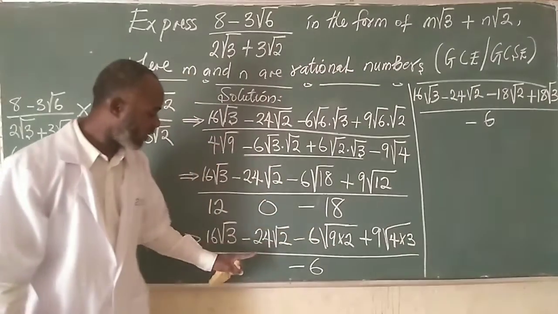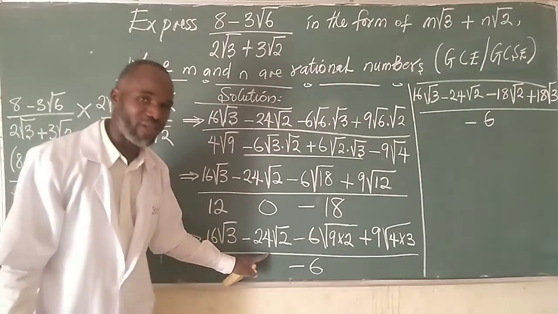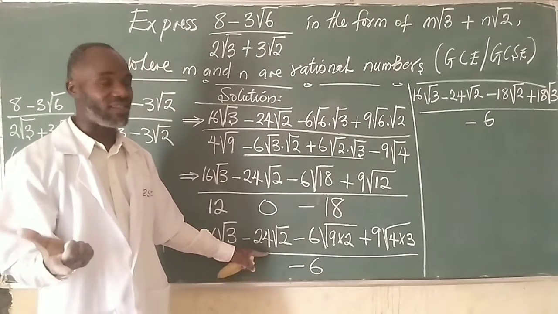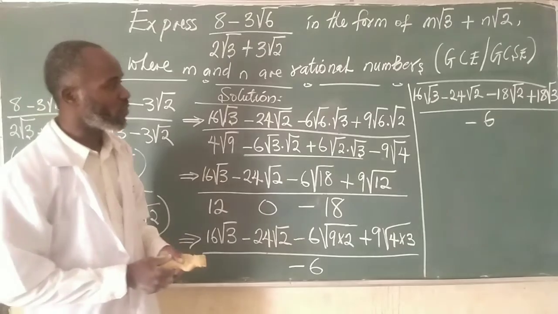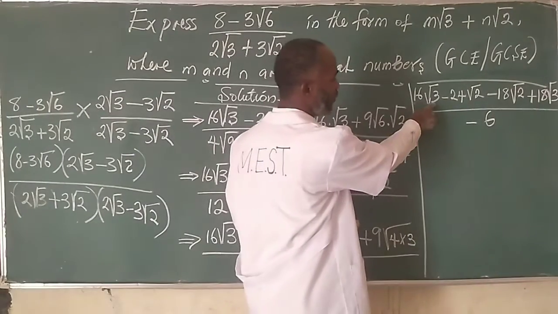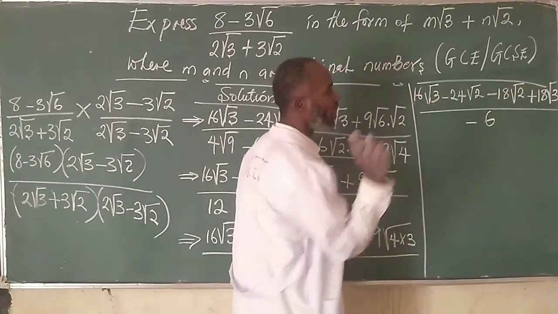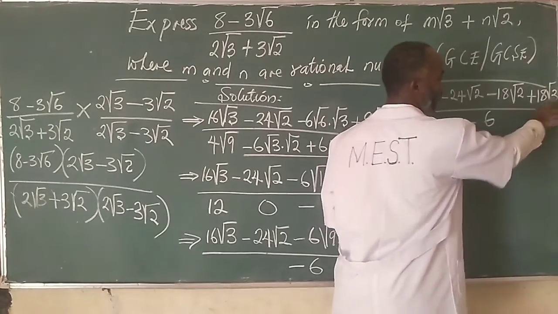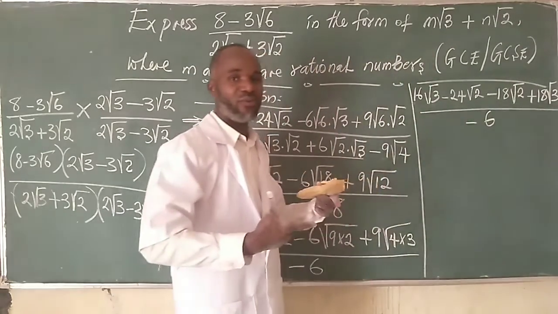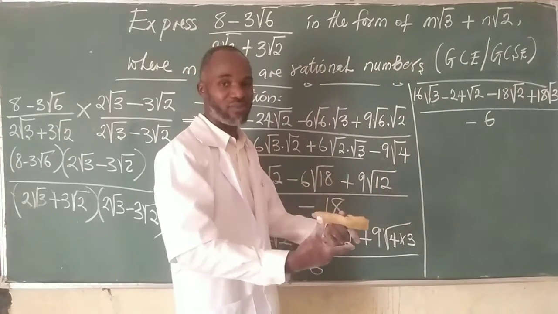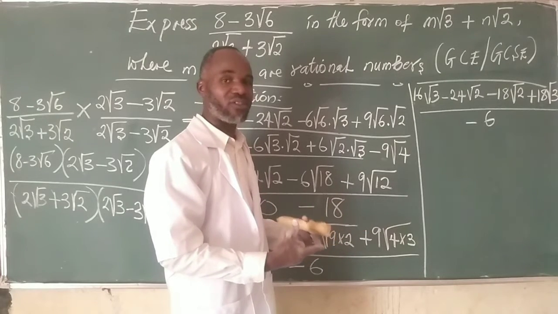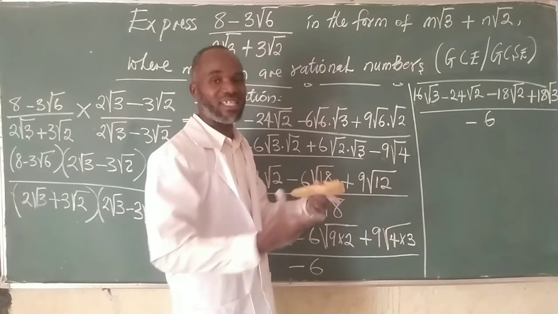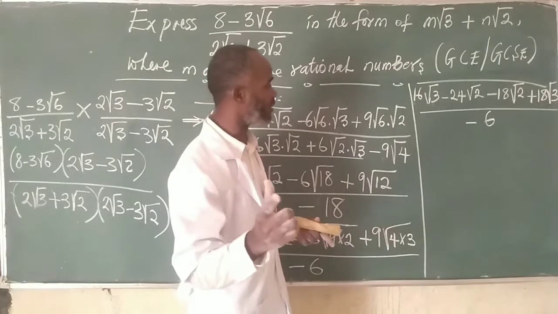We have further simplified the numerator, but that's not the final answer. There is something we need to do. You can see that 16 square root 3, there is also 18 square root 3. So we have to add. We continue to find like terms and adding them together until we have no more like terms to add together. That's the final answer at that point.